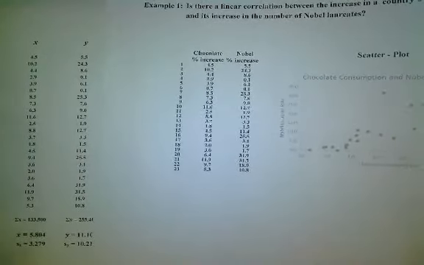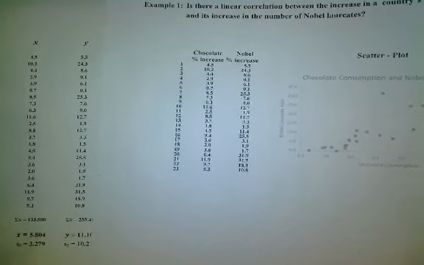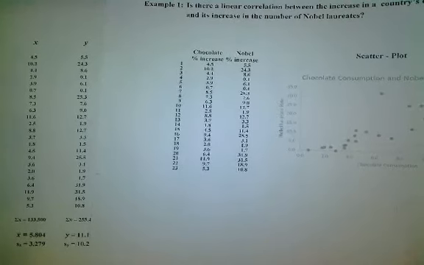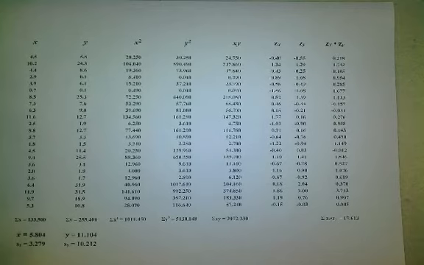We've taken off the 1, 2, 3, 4, but basically you can see the 4.5, 5.5, 10.2, 24.3, and so forth. So there are values, our paired data, X and Y. The X part is the chocolate consumption percent increase, and the Y part is the Nobel laureate increase.